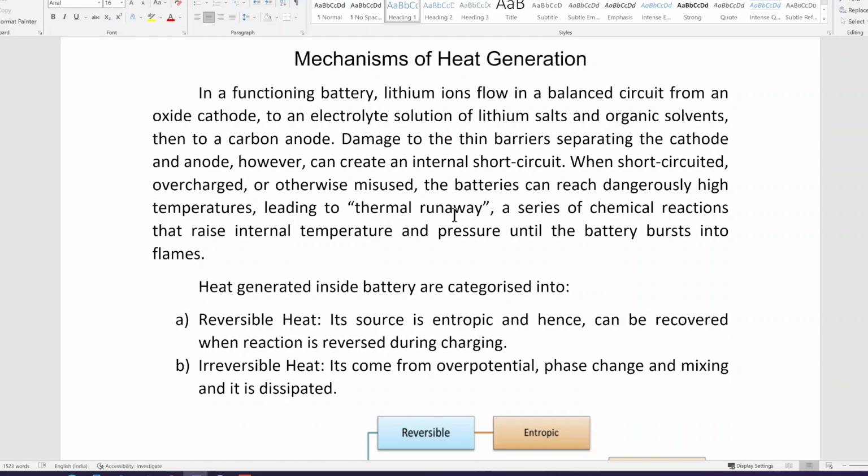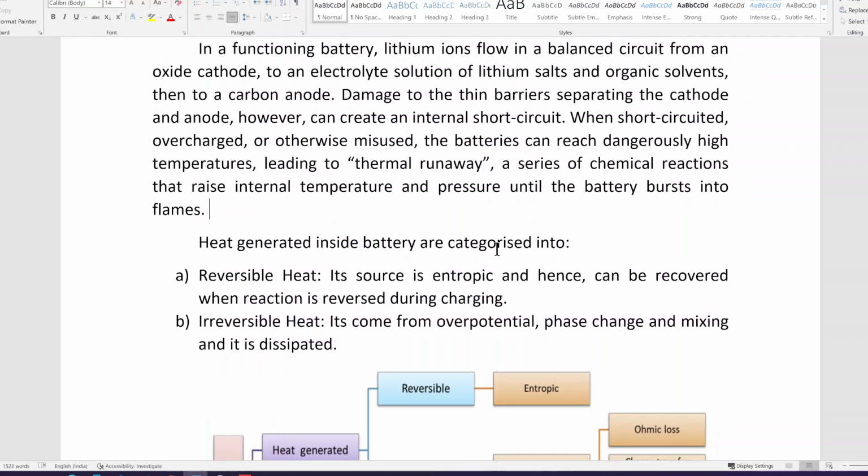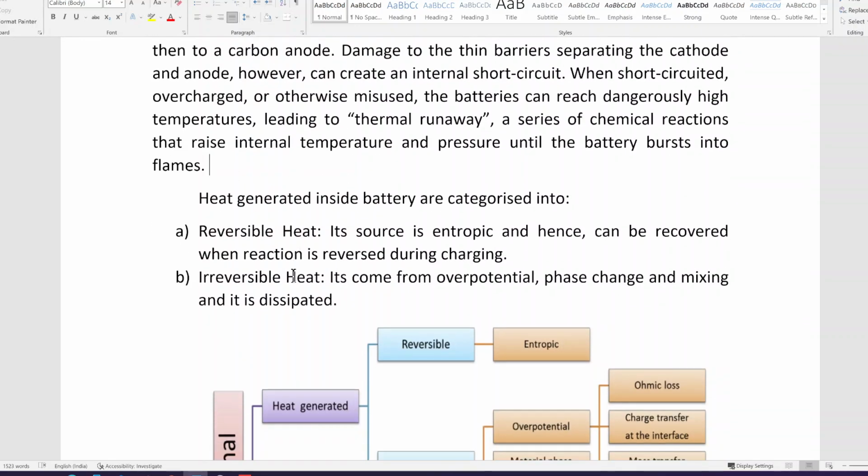As I have written here, if we reach the position of a thermal runaway, as we discussed due to the three or four reasons in the previous illustration, a series of chemical reactions will raise the internal temperature and pressure until the battery bursts into flames. Heat generated inside the battery can be categorized as reversible heat and irreversible heat.